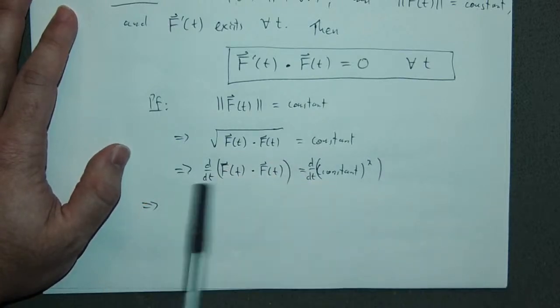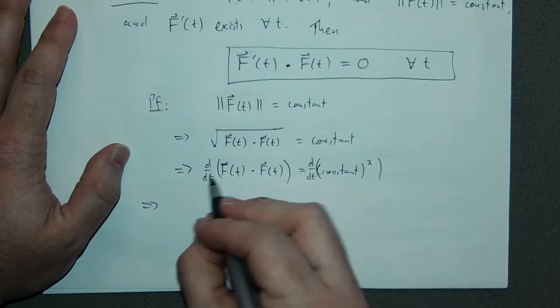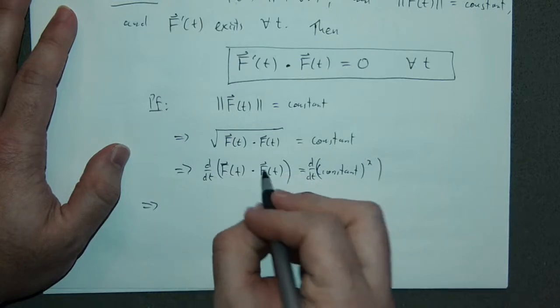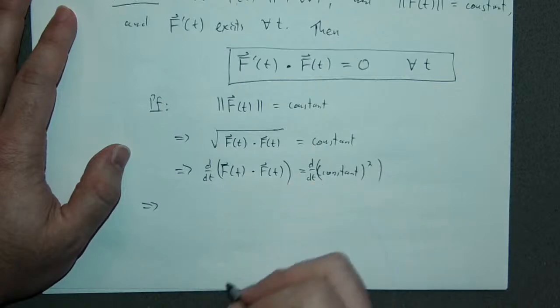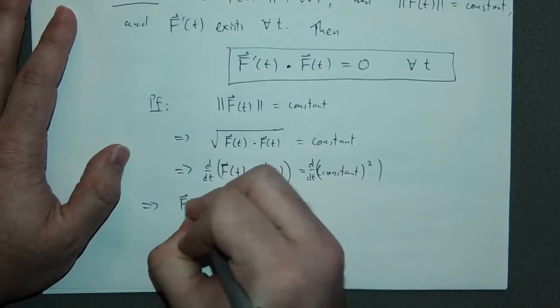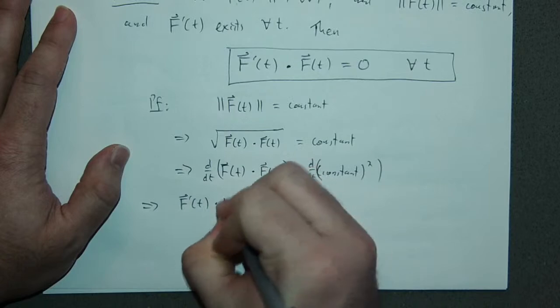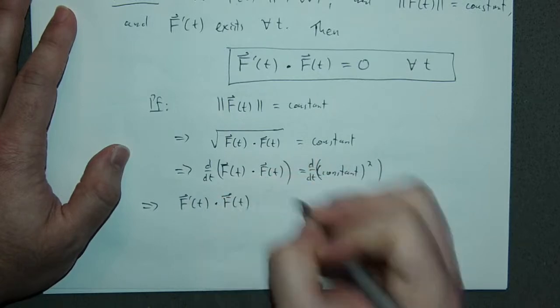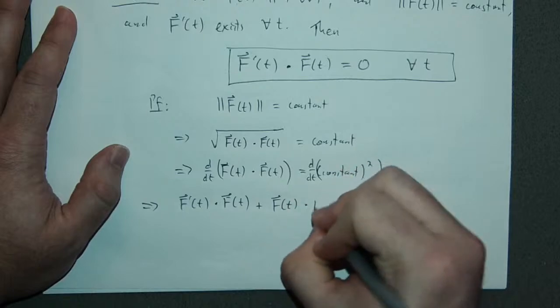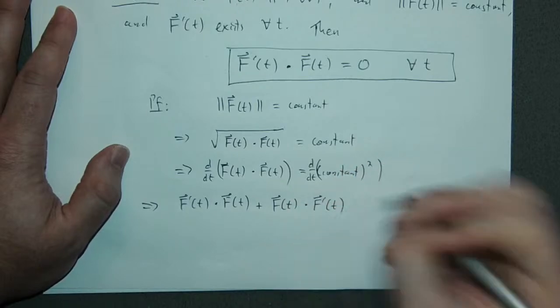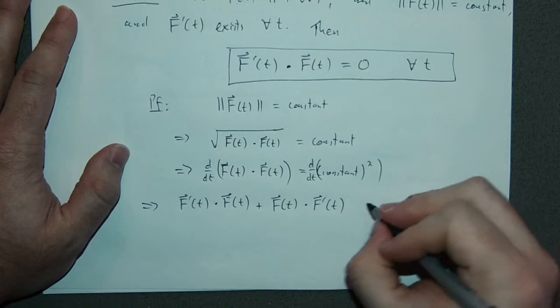So this is d/dt of f of t dotted with f of t, which is f prime of t dotted with f of t plus f of t dotted with f prime of t. So there's a product rule for the dot product of vector valued functions.